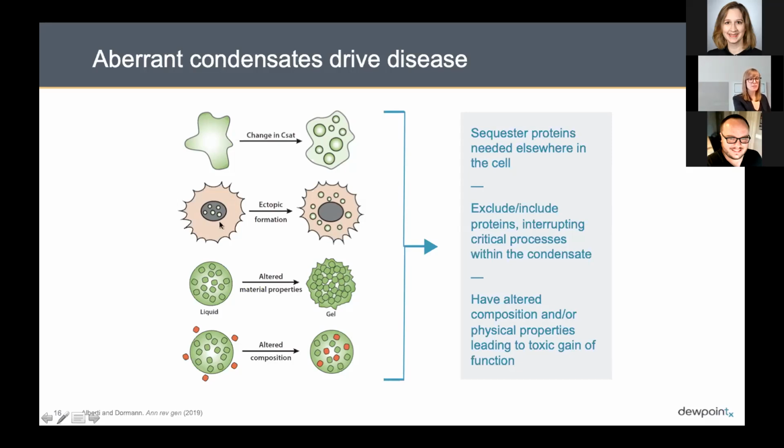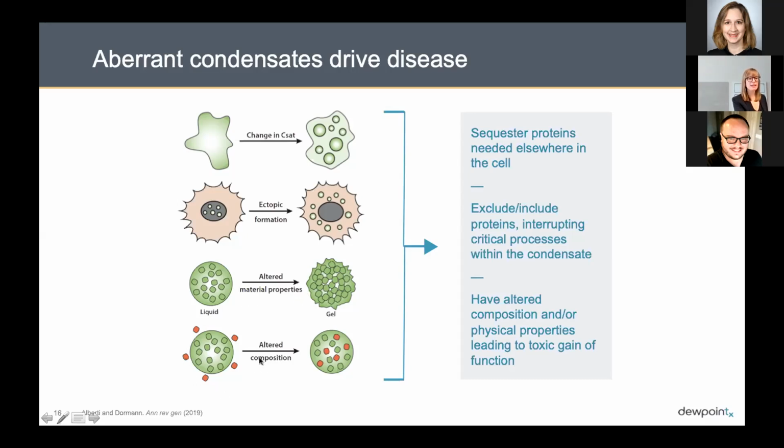Another mechanism is having altered material properties. So let's say that a condensate in the wild type case should be liquid, but upon different, for example, mutations, these material properties can transition into gel-like or solid-like materials. Finally, another possible mechanism is altered composition.